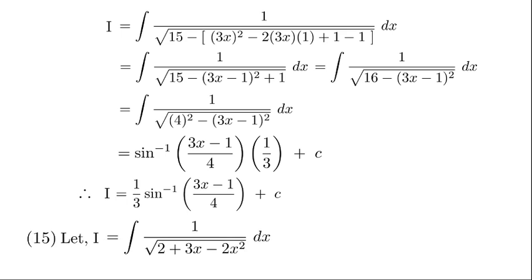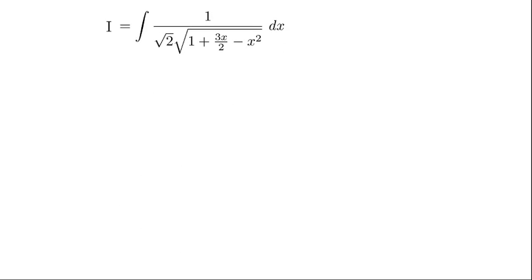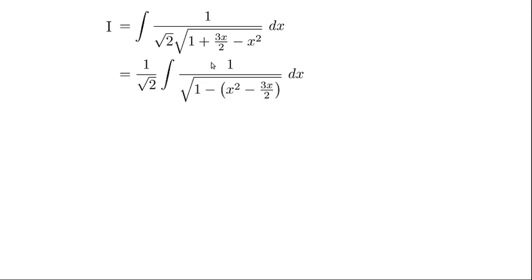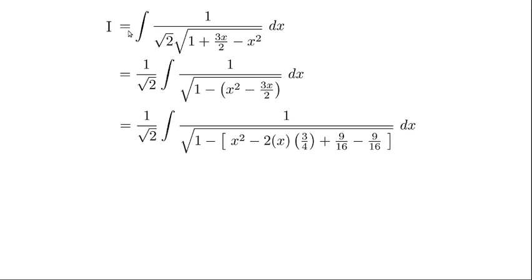And here the coefficient of x square is negative and not a perfect square also. So first what we do, we take 2 out. After taking 2 out, root 2 outside, we take 2 outside even from the root also, so it becomes root 2. And in the next step we take minus out from these two terms. So 3x by 2 minus x square becomes x square minus 3x by 2, and this root 2 goes outside the integration. And now complete the square, 2ab format. 3x by 2 is written as 2 into x into 3 by 4.